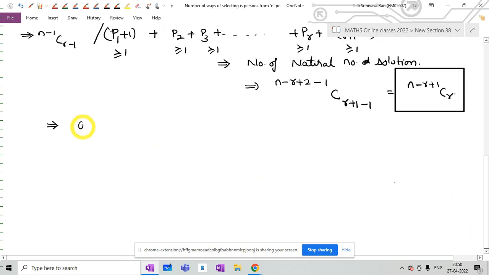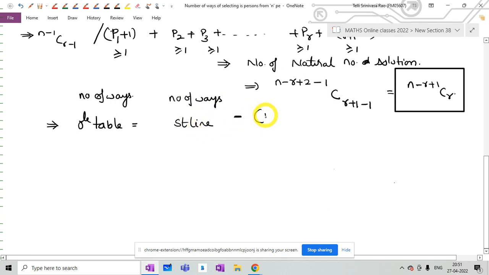For a circular table, how many ways can we do it? The number of ways of selection on a circular table is equal to the number of ways in a linear table, or you can say a straight line, from which we have to remove the case in which p1 and pr plus 1 are both equal to 0.